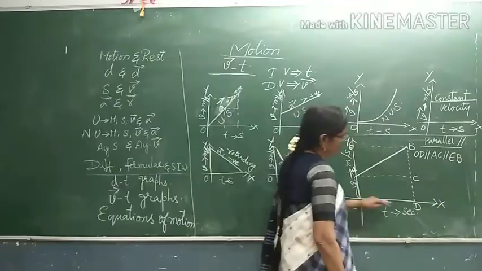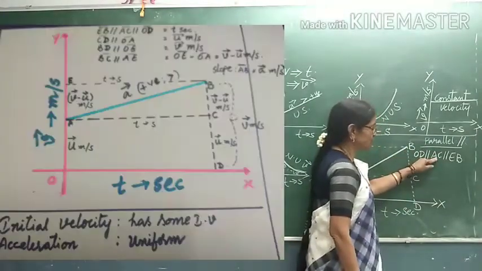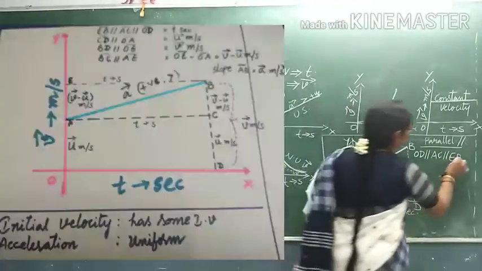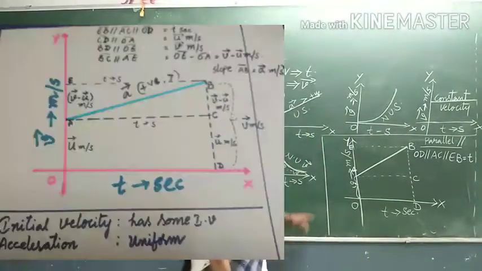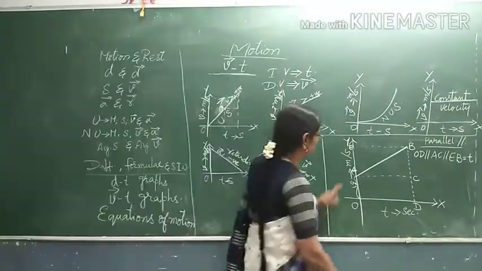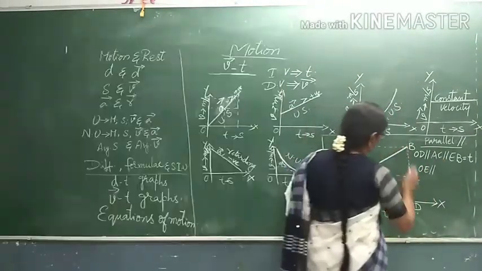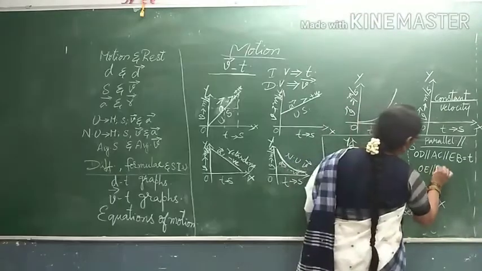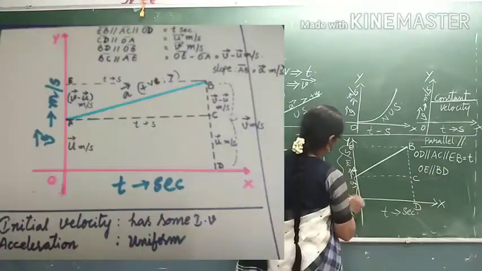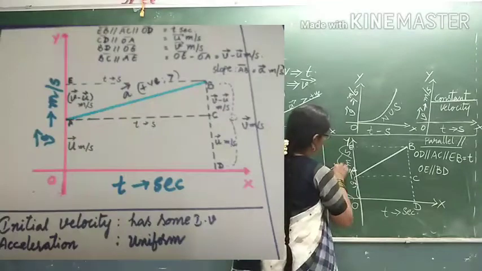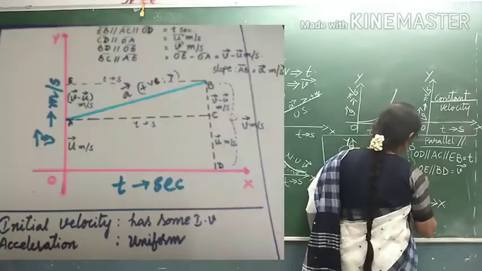Now you know OD is equal to T. So OD is T means AC also is equal to T and EB is also equal to T. The variable representing this is T. Next, OE is parallel to BD. What is OE representing here? Final velocity. So, V. This is also V.